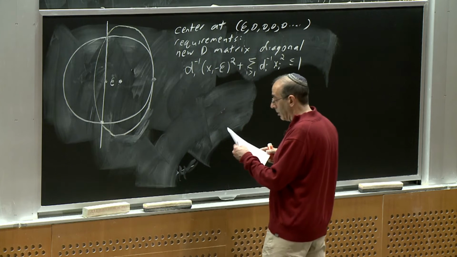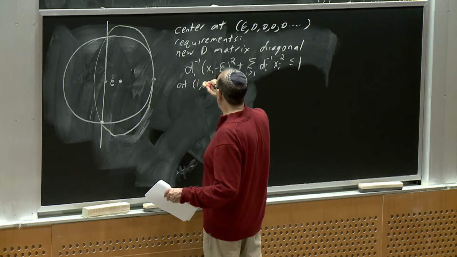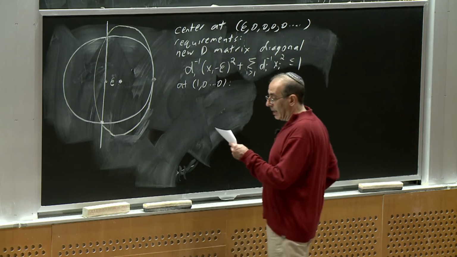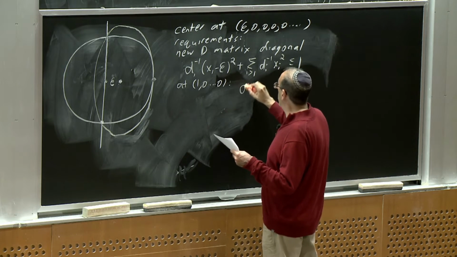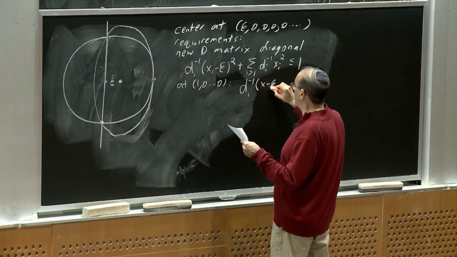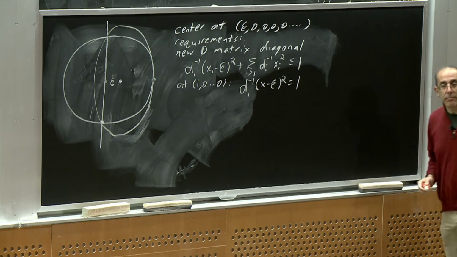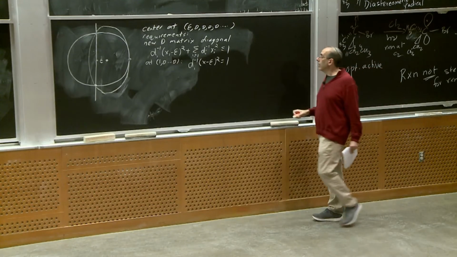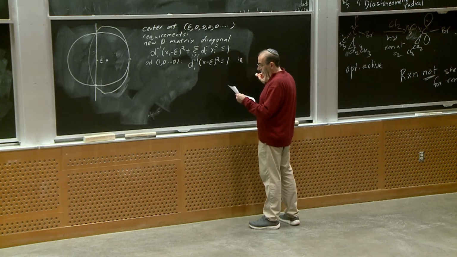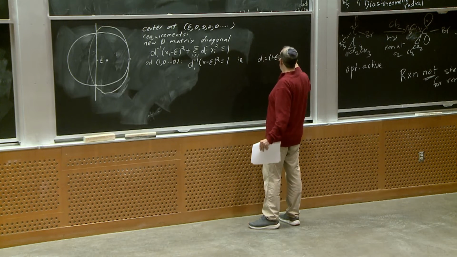So let me write out those constraints. The first one, at the point 1, 0, and so on, tells us that d1 inverse times (x minus epsilon) squared has to be equal to 1. In other words, d1 is just equal to (1 minus epsilon) squared.